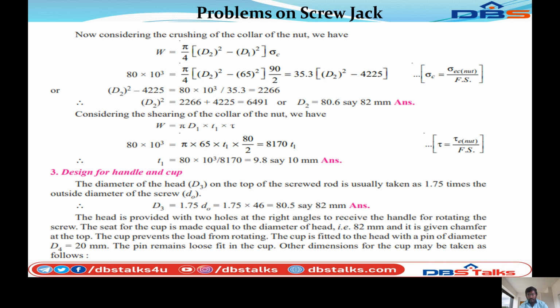So next step, we can calculate the design for handle and cup. The diameter of the head D3 on the top of the screw rod is usually taken as 1.75 times the outer diameter of the screw D0. So D3 is equal to 1.75 into D0.